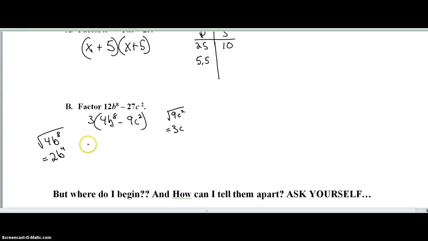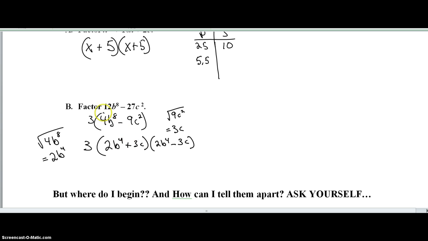So now all I have to do is take the square root of the first term, which is 2b to the fourth, plus the square root of the second term, which is 3c, times the square root of the first term, which is 2b to the fourth, minus the square root of the second term, which is 3c. And so that will be our final answer for using the difference in squares.